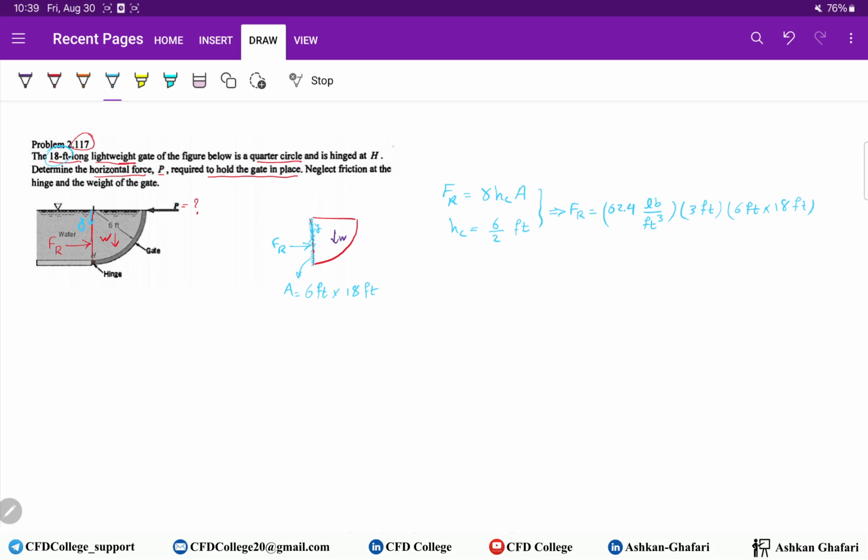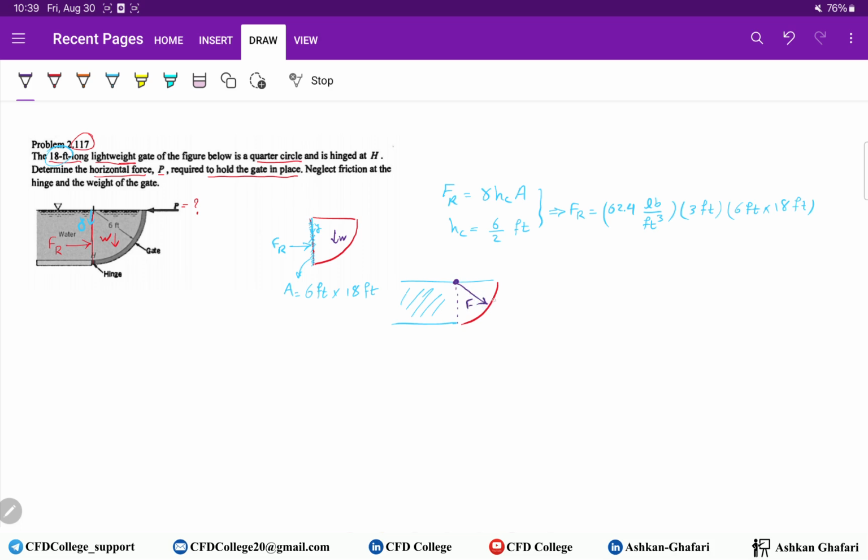Actually, in this problem, we have decomposed the force. If this is the gate and we have water, so the actual force is like this.